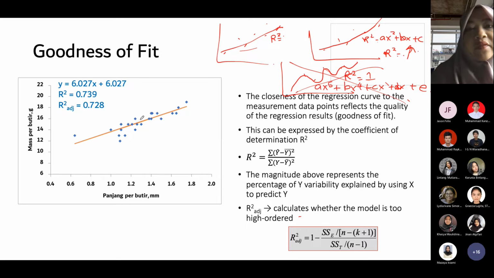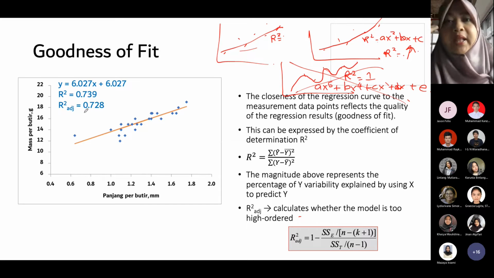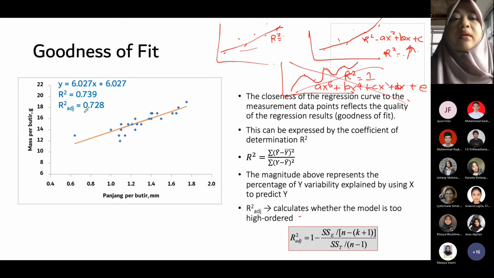Of course, it is not a very good fit like 0.9, but that's fine. Still, the trend is linear. You can see with your eyes: up, down, linear. If I look at it with my eyes, this looks like a linear trend, with some outliers over here, and the adjusted value is just slightly lower, 0.728. If it is quite similar but slightly lower, it's fine.